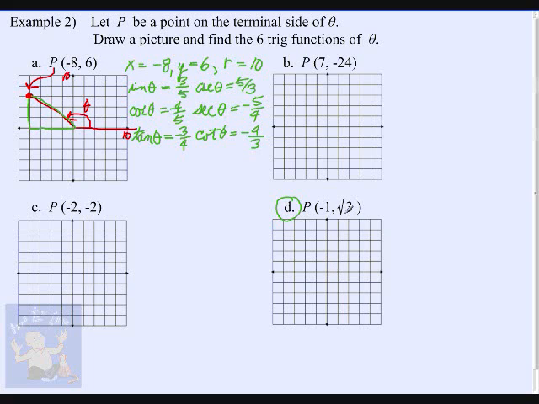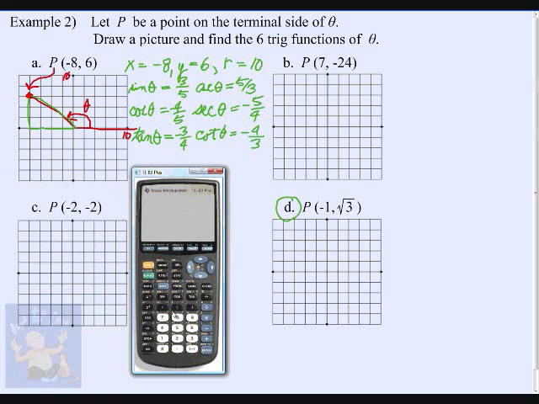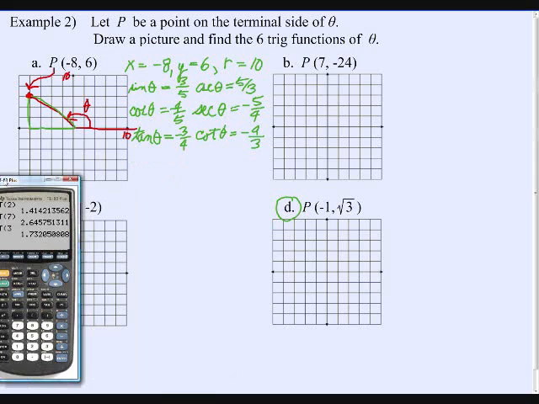The point that we've got here can be located in this 1-by-1 grid. Let me bring this over so I can figure out what is the decimal equivalent of the square root of 3. 1.7. Okay?